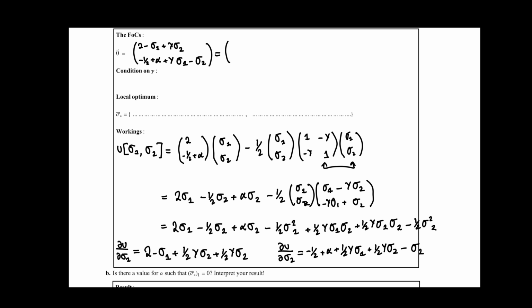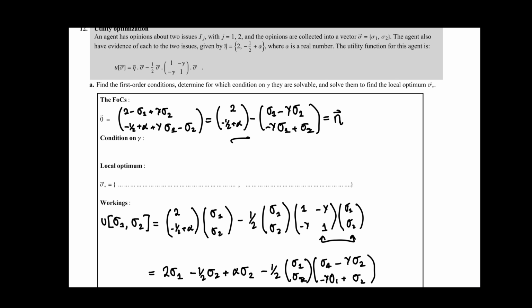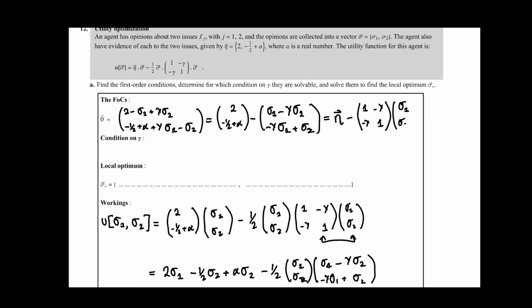This is also equal to (2, -1/2 + α) minus (σ1 - yσ2, yσ1 - σ2). So now I can also write this as η, because this is the exact same as this, minus the matrix (1, -y; -y, 1) times the vector (σ1, σ2).